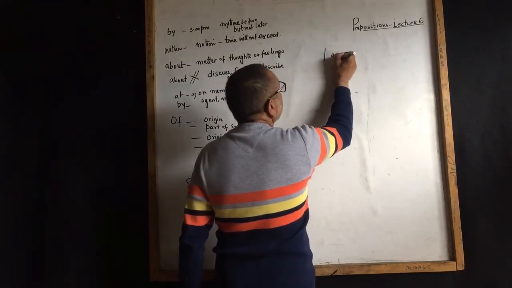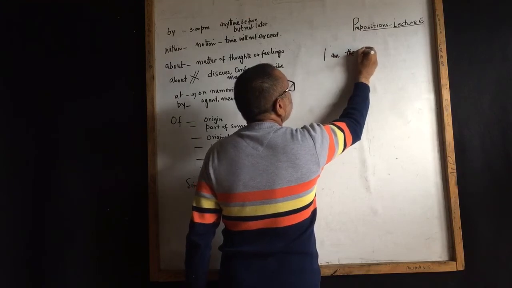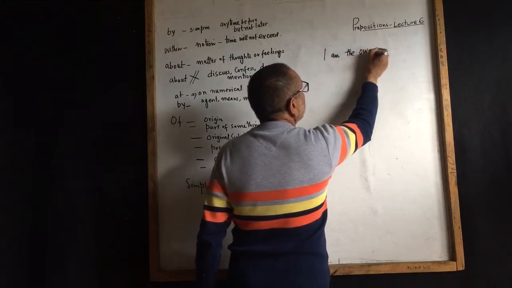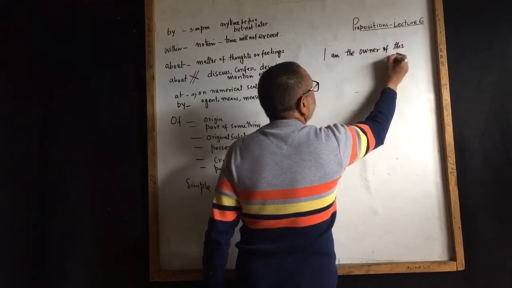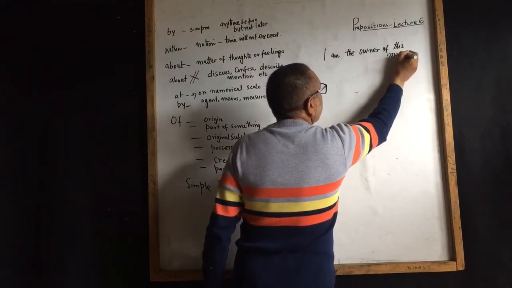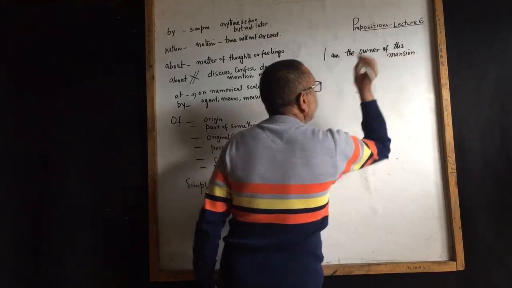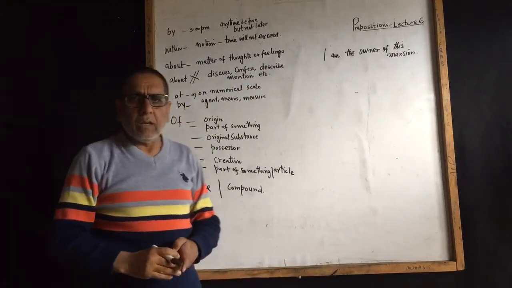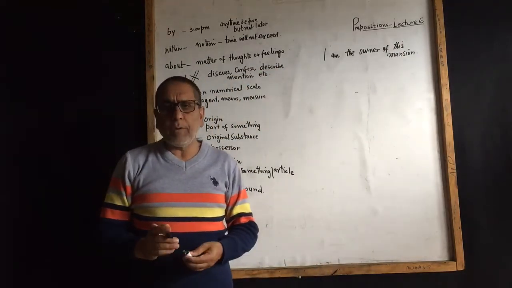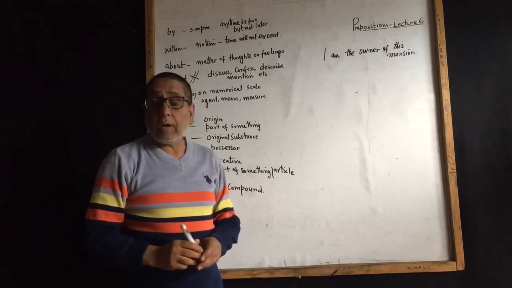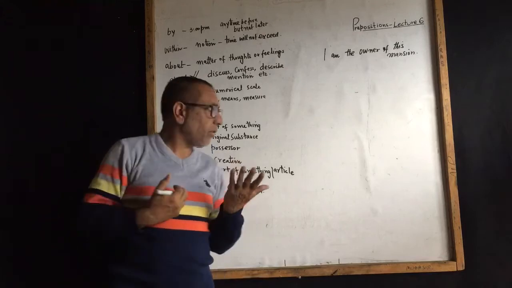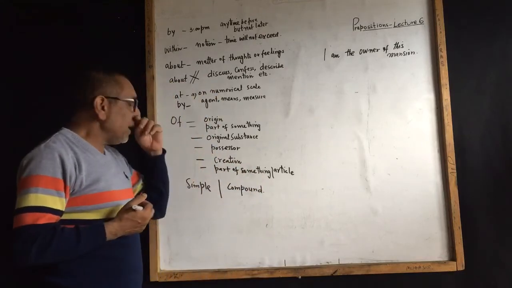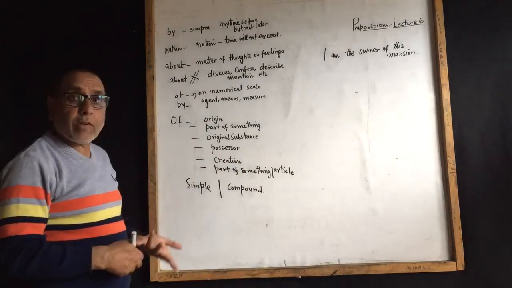I am the owner of this mansion, a big building, mansion. So you are a possessor. You possess something.